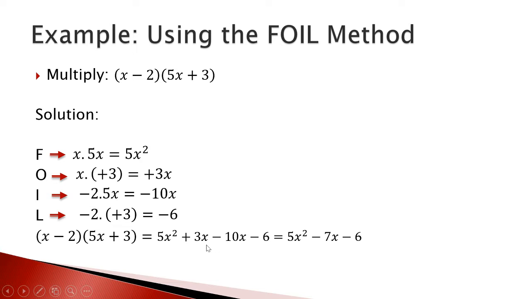So when we simplify 3x and negative 10x, it will give negative 7x. So altogether we have to simplify this whole equation. So finally we will get 5x squared minus 7x minus 6.